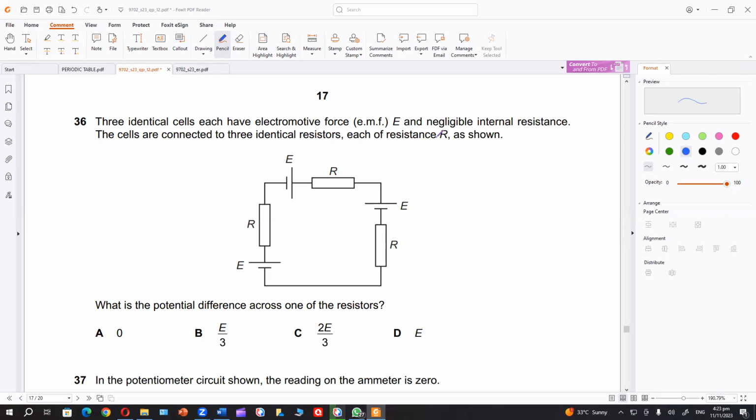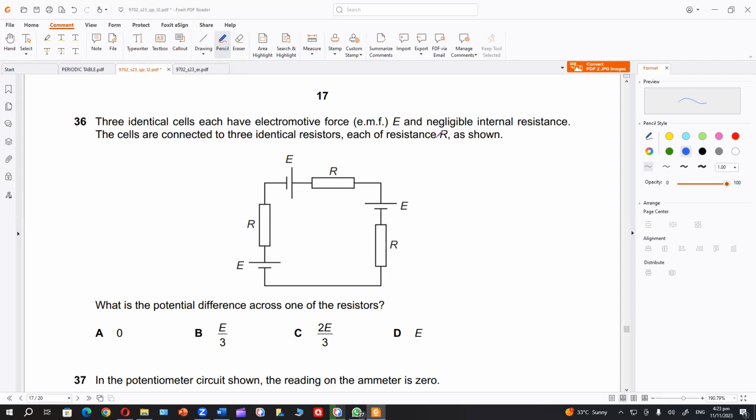What is the potential difference across one of the resistors? 3 identical cells have electromotive force E and negligible internal resistance. The cells are connected to 3 identical resistors, each of resistance R. What is the PD across one of the resistors?